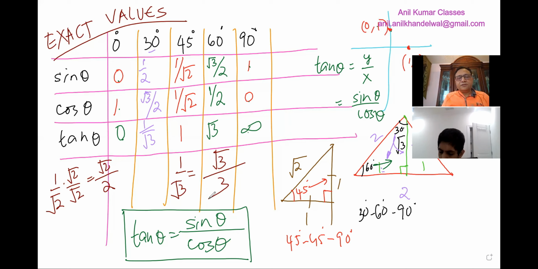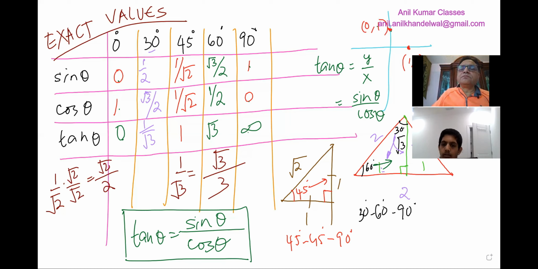So remember this, that many times we have to rationalize our answer to write it in the proper way. Radicals should be rationalized. Perfect. So we have calculated the exact values from 0 to 90 degrees for our sine, cosine, and tangent ratios.